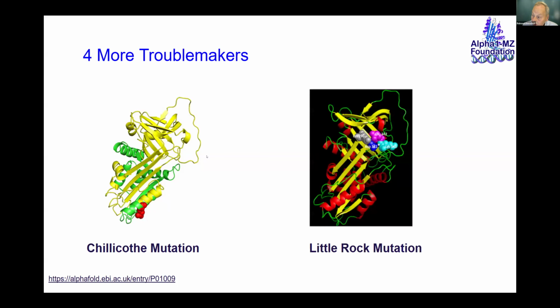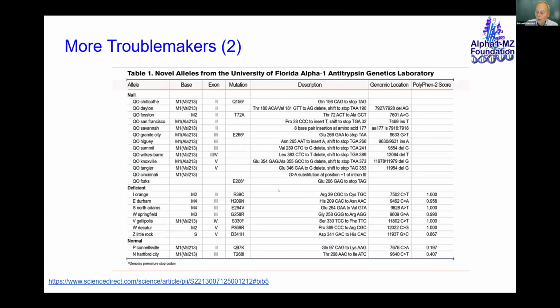On the right, you see a novel Z-type mutation in blue next to the pink one, which is the Z mutation. And this one is called Z Little Rock because it was discovered in a patient from Little Rock, Arkansas. Every year, new mutations are discovered.